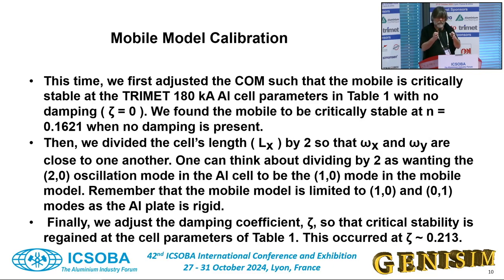So the plate is now not the full length, but half of the length, so that a 1-0 mode in that model is a 2-0 mode in the actual cell, and the magnetic field of that model is now only the magnetic field on one side of the cell. So now we're using 30 Gauss, that would be the magnetic field on one side of the cell, and if it's symmetric, then it will be minus 30 Gauss on the other side.